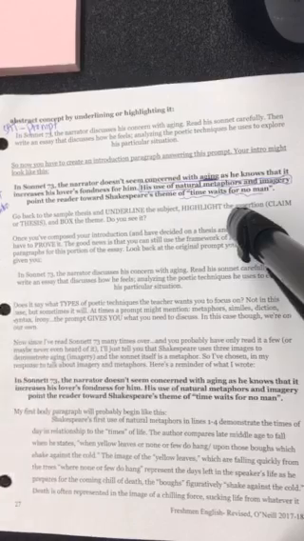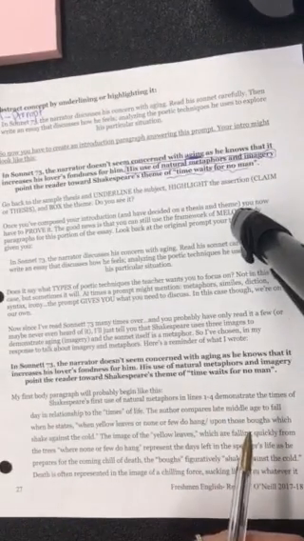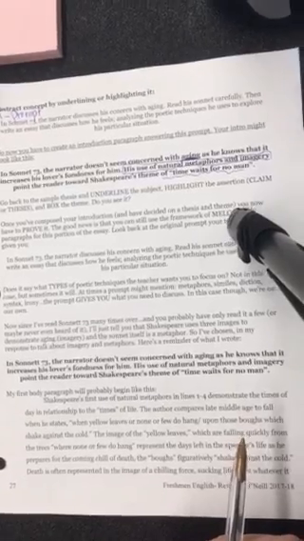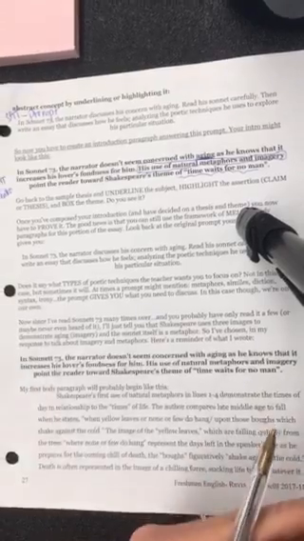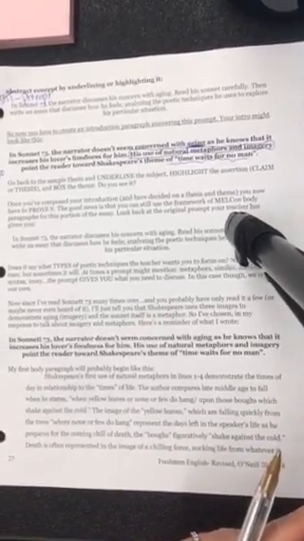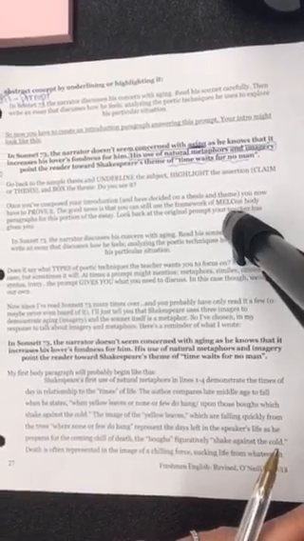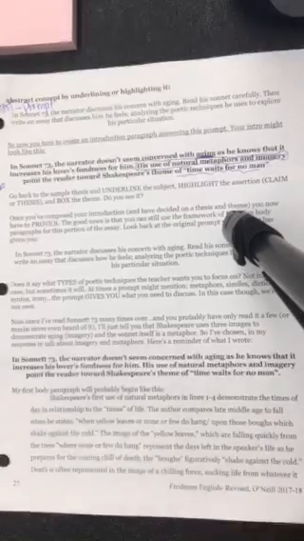Moving on. Once you've composed your introduction and have decided on a thesis and a theme, you now have to prove it. The good news is that you can still use the framework of Melcon body paragraphs for this portion of the essay. Look back at the original prompt your teacher has given you. So we're going to read the prompt one more time.